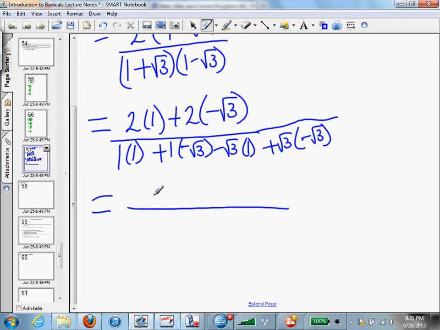On top, we're going to be left with 2 from 2 times 1, and then we're going to have a negative 2 times radical 3 from this portion right here. And on bottom, we see this is going to become 1, and this portion right here, because it's just going to be left with 1 times negative radical 3 is negative radical 3.